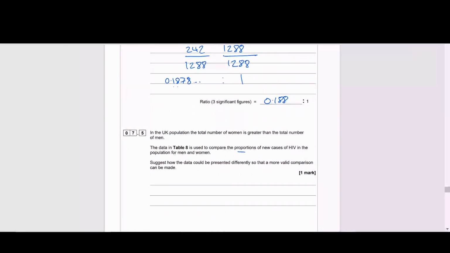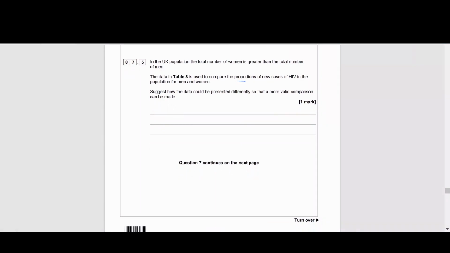So the easiest way, which has probably been seen in exam questions so many times, is by using percentages. Because what you would then do is you would take that value and then put that as a percentage over the total population, wherever that number is, multiply it by 100.